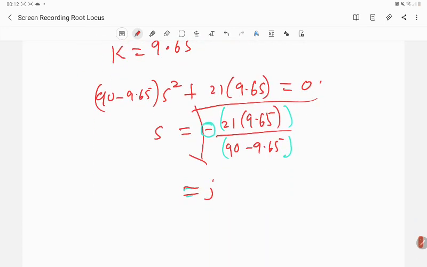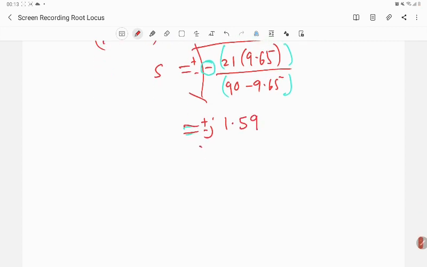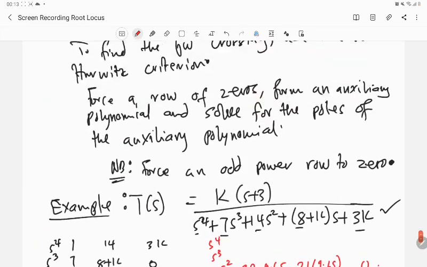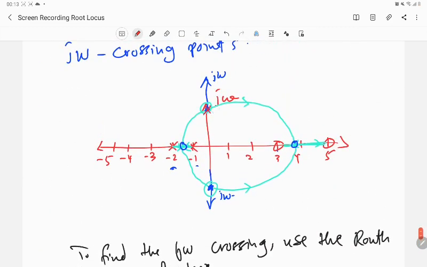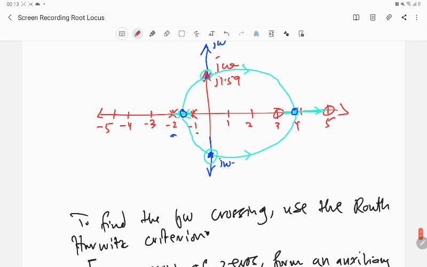So if you solve that, that is going to be plus or minus j1.59. So this tells us that the system is going to be crossing at j1.59 and this point, which is minus j1.59.